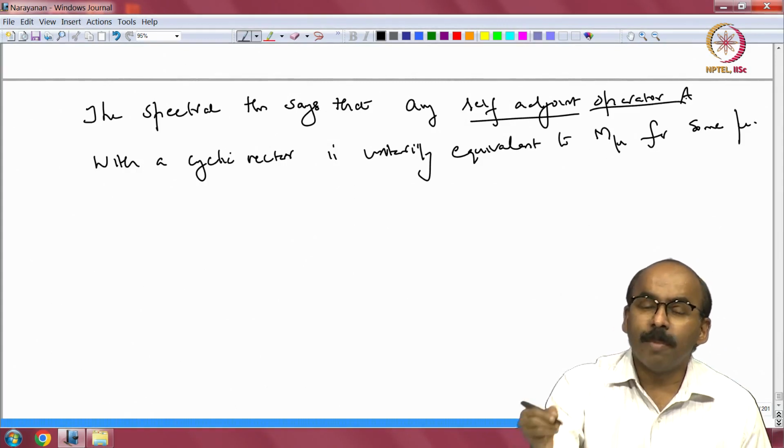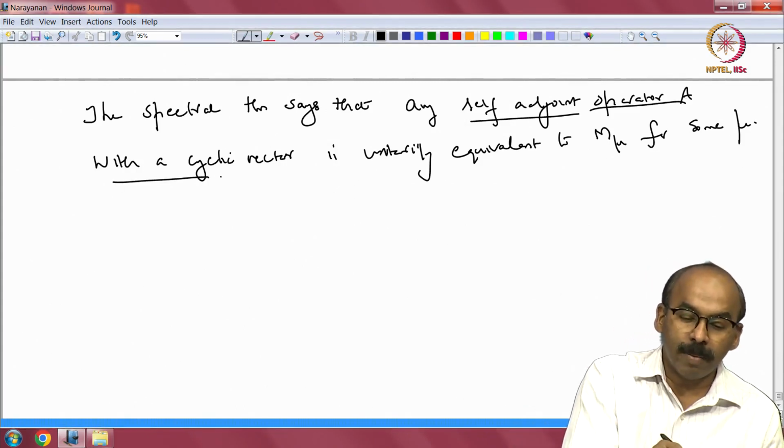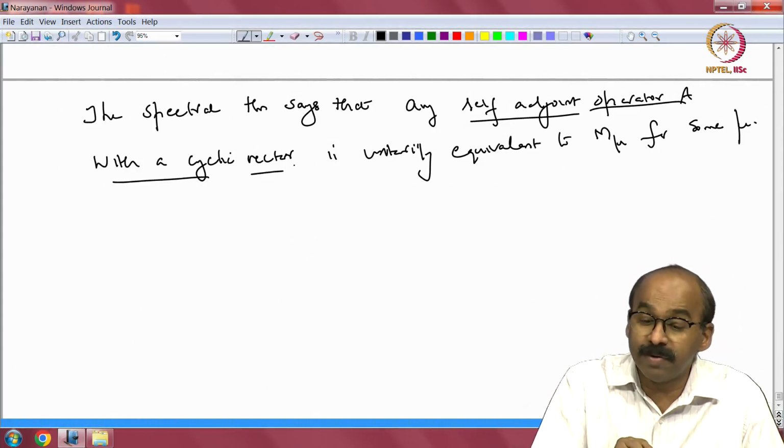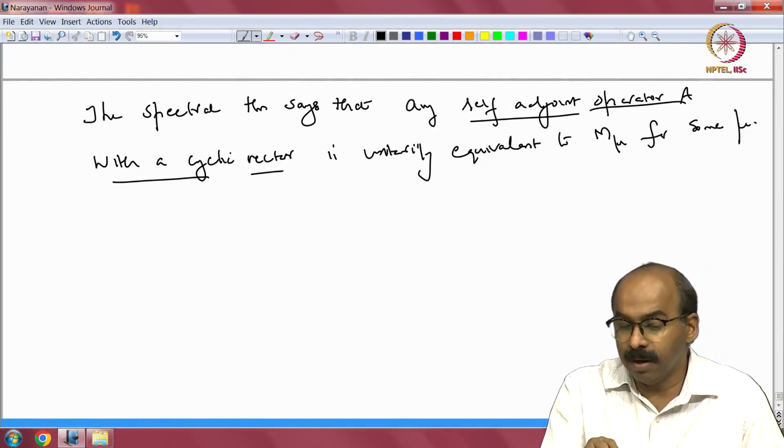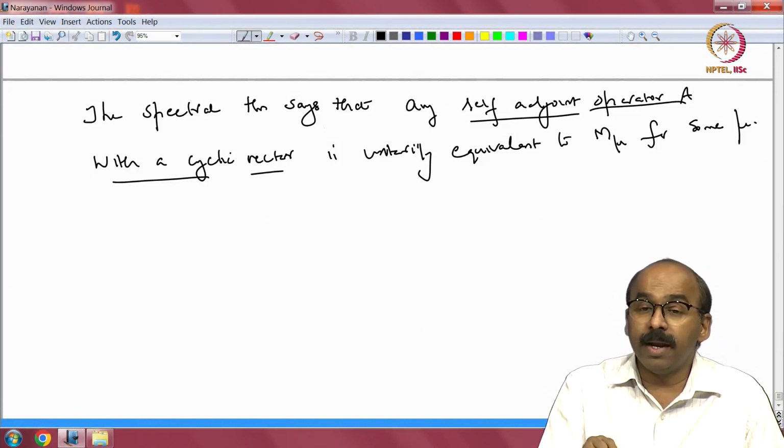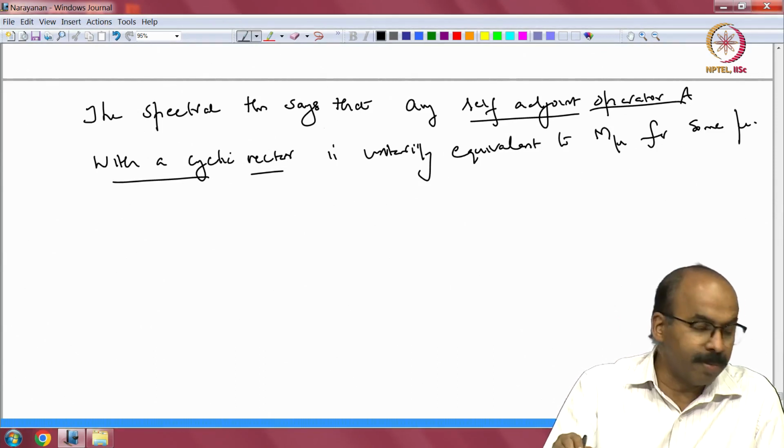So, such operators are called simple operators, but we will not bother about the definition. It has a cyclic vector. So, it will be identified as m sub mu for some mu.